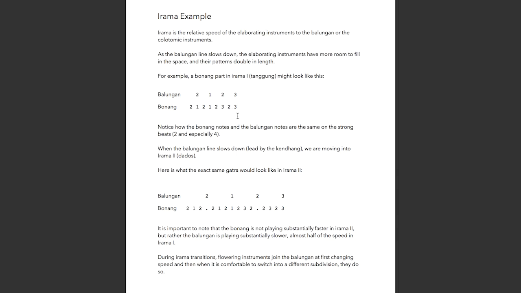Again, we're speeding up, and as soon as it's not comfortable to play 4 notes, we're going to change to playing 2. And if we're slowing down, looking at that same balungan part, 2, 1, 2, 1, 2, 3, 2, 3, 2, 1, 2, 1, 2, 3, 2, 3.